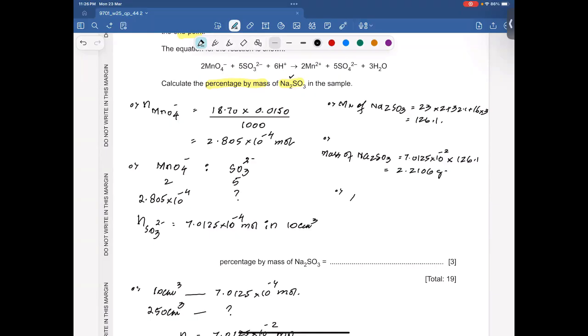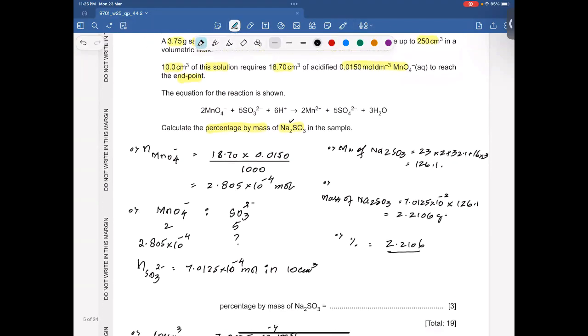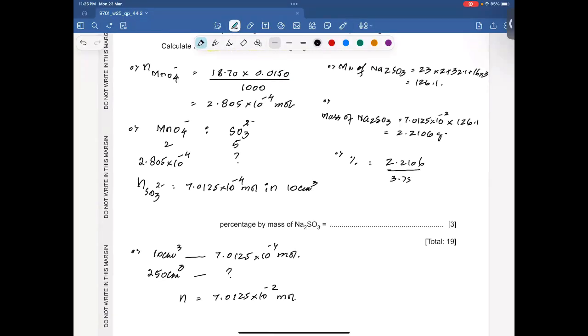We need to get the percentage. So for that, 2.2106 divided by the mass of sample, which was 3.75, into 100. So this is the mass of pure divided by the mass of impure, into 100. It's going to be 58.95. Okay, so the percentage is basically 59.0%.